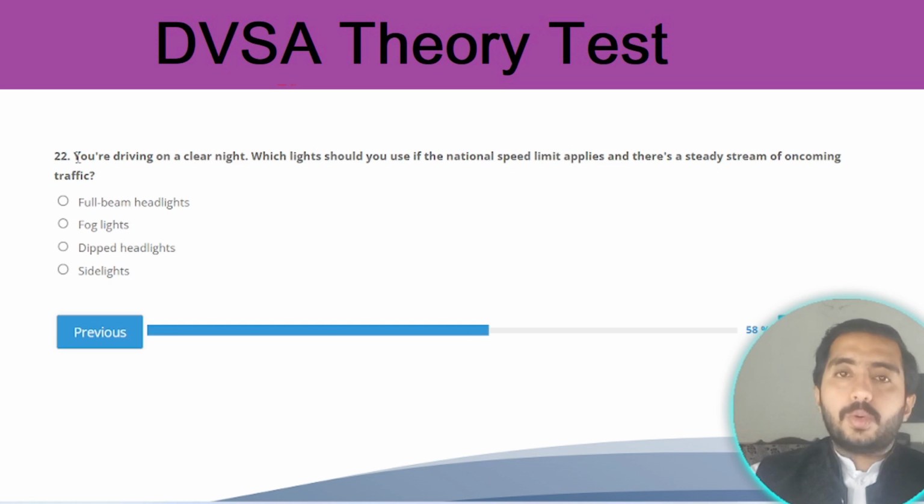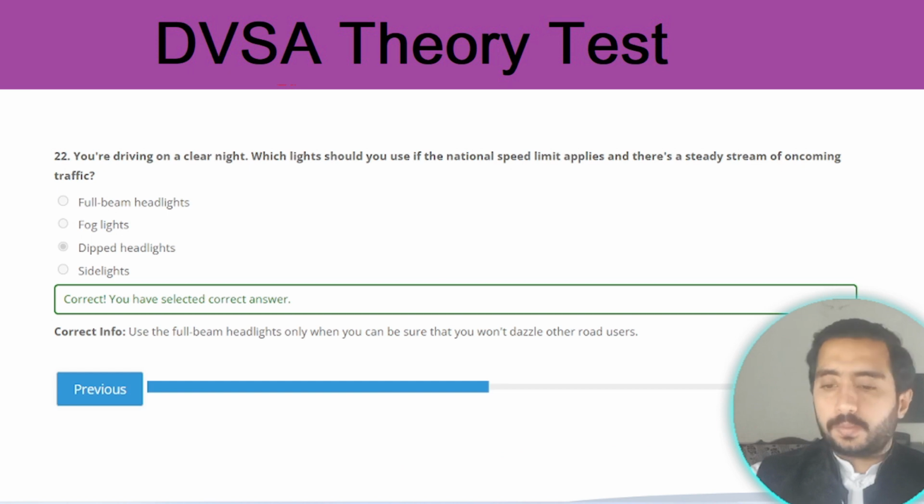You are driving on a clear night. Which lights should you use if the national speed limit applies and there is a steady stream of oncoming traffic? You can use dipped headlights. Option C is the correct one.